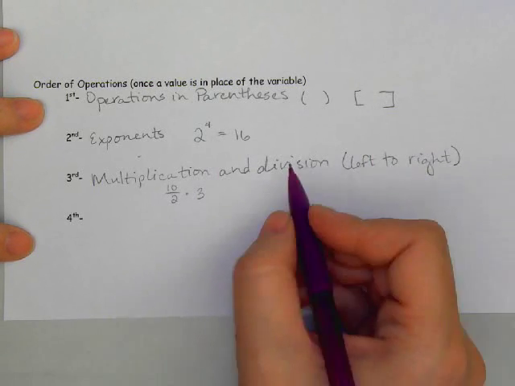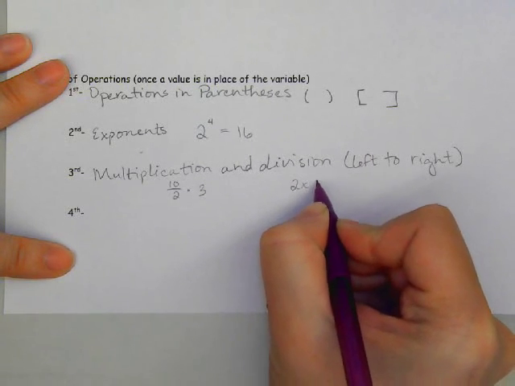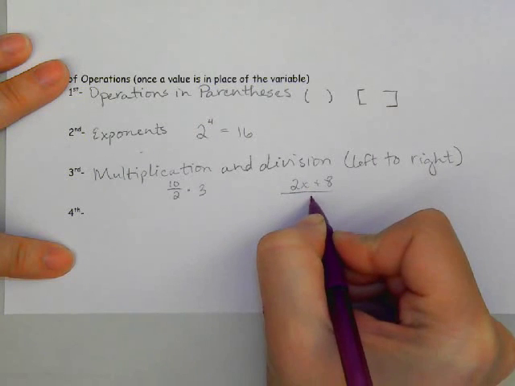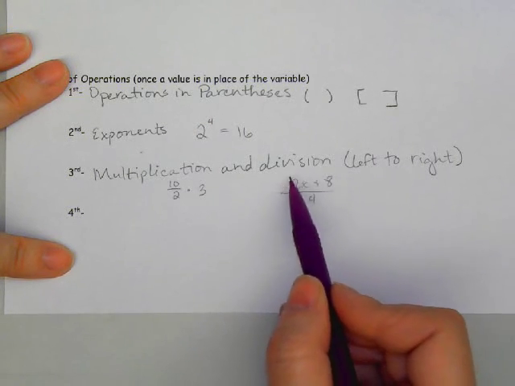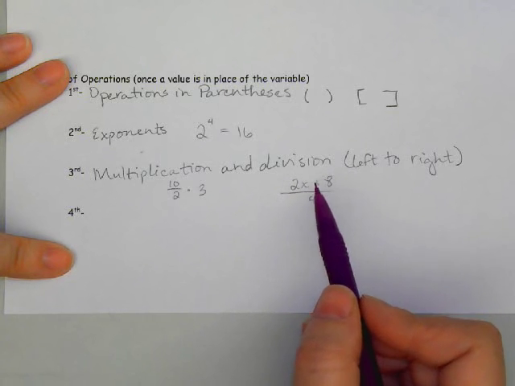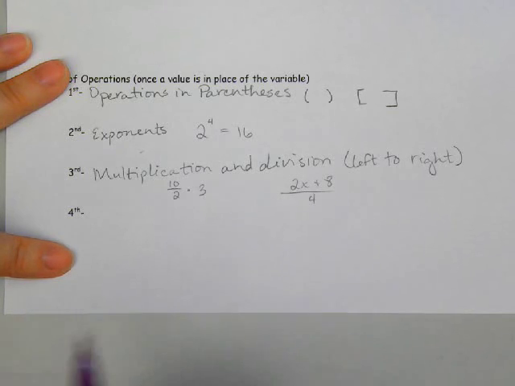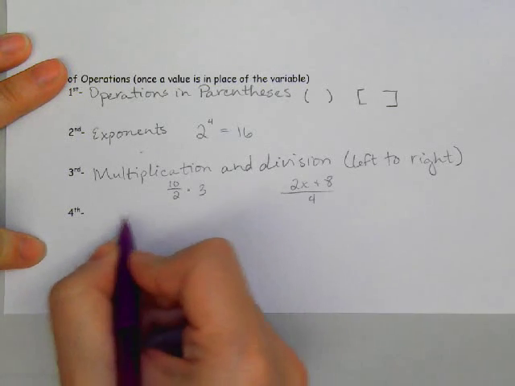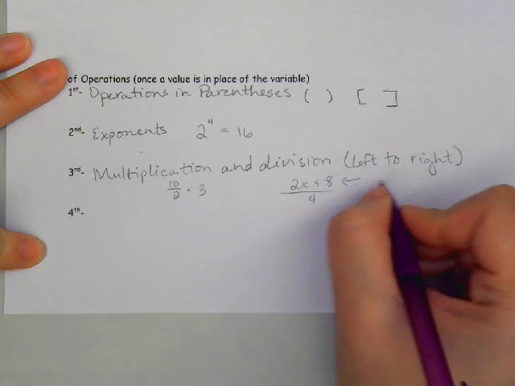One of the exceptions to that is if I have an entire expression, like 2x plus 8 over 4. If I have a value for x, I'm going to do everything on the top, and my very last step is going to be to divide. We'll get to some examples like that later in the video.